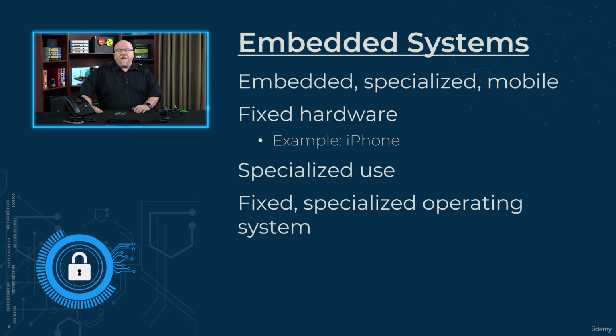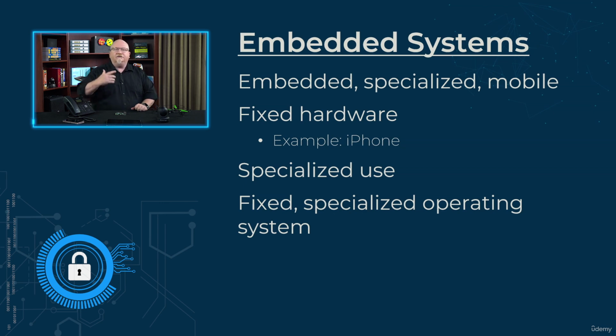For example, with an embedded system, you usually have very fixed hardware. So your iPhone, for example, is a great example of an embedded system. Now, Security Plus may call it a mobile system, and it's mobile, I'm not going to argue that. But it's also embedded in that the hardware is very fixed. The other thing an embedded system is going to have is a specialized use.